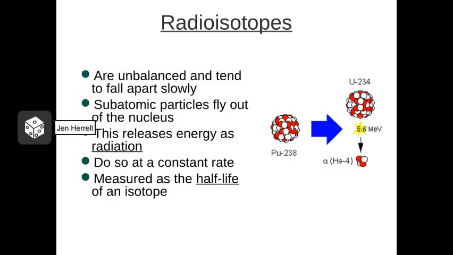Because isotopes have different numbers of protons and neutrons, they tend to have unstable nuclei. And so those nuclei, like this one shown here, can fall apart slowly over time and release particles. When they release those particles, they release energy. And that energy is known as radiation. So isotopes are radioactive.